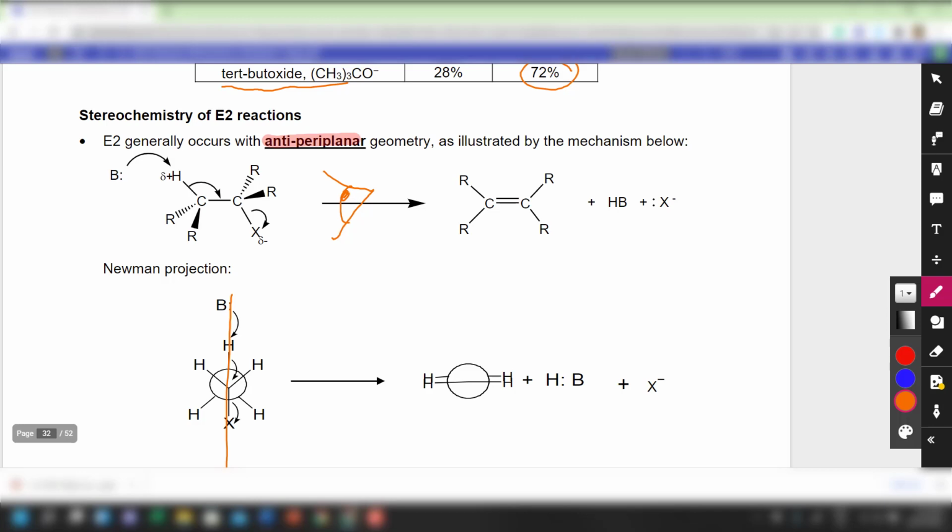If I put a plane down here, all these groups must be in the same plane as the paper. Why is it called anti-periplanar? Because the H and the X are anti to each other. It is only when they are anti-periplanar that they can effect this particular E2 elimination.